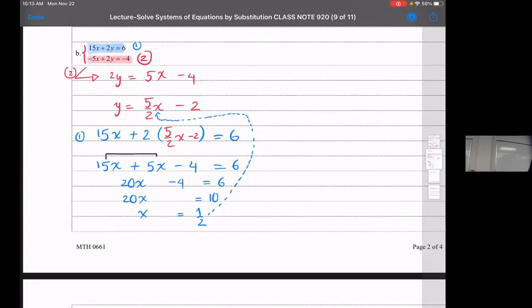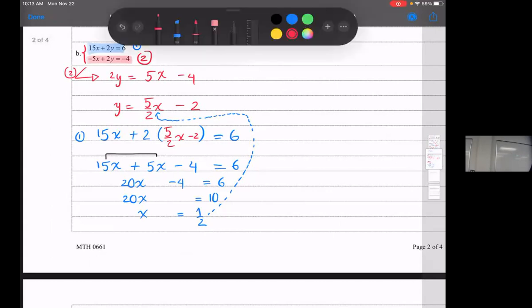Then y equals 5/2 times x, which is now 1/2, minus 2. So I have 5/4 minus 2. Now, I cannot add this together because they have different denominators. I want to make the denominator for the second term 4.